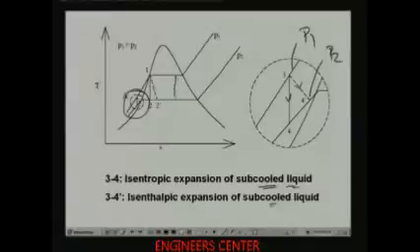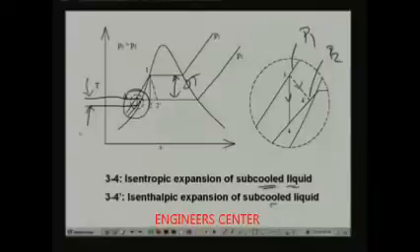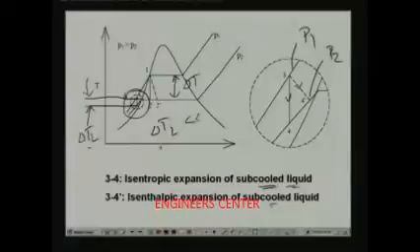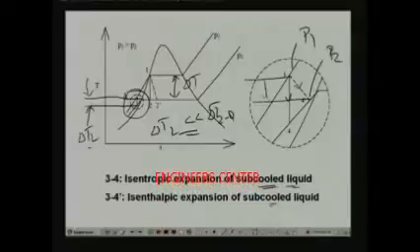Compared to the earlier temperature drop, you can see that for the same pressure drop, the temperature drop obtained here is very small. For example, for expansion in a turbine, this is the delta T in the liquid region. You can see that this delta TL is much smaller than delta T in the two-phase region. And another thing you can see here is that the delta T gets reduced further if you replace the turbine by a throttling device.